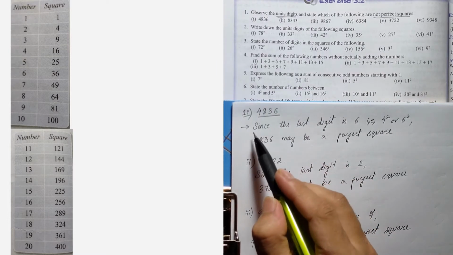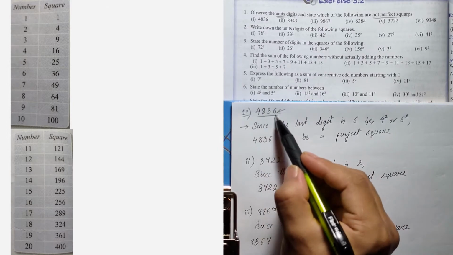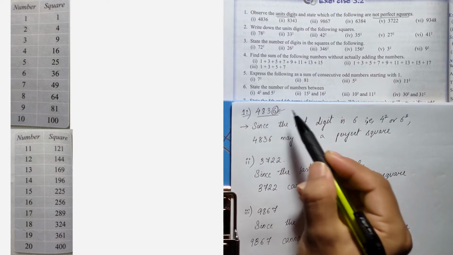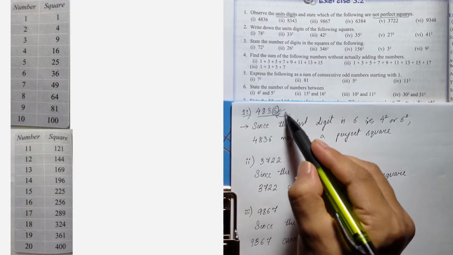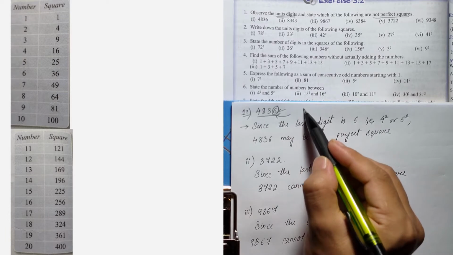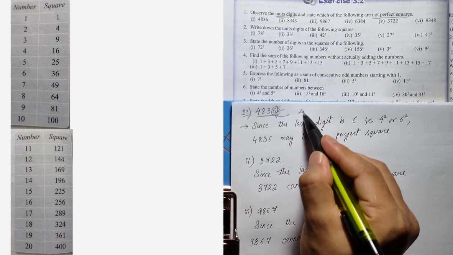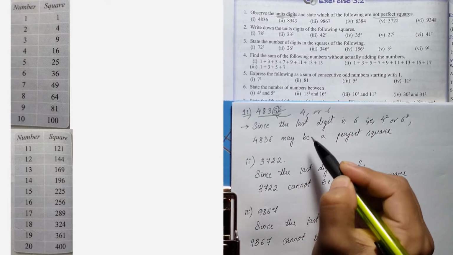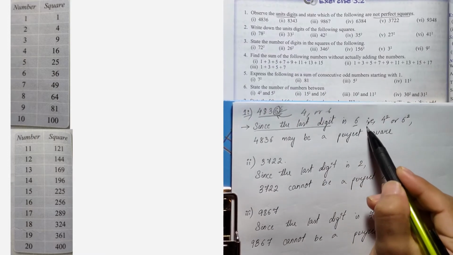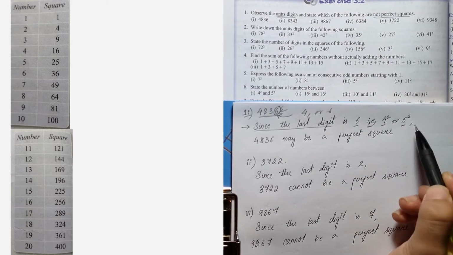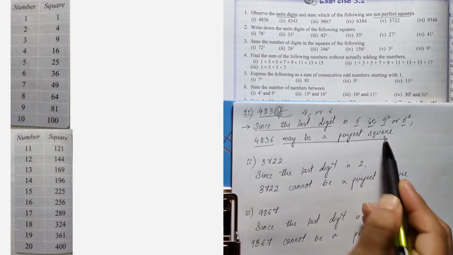4836. If you remember from my first video, 4836 means the last digit is 6. So in order to get 6 as our last digit, its square root, or the number that is to be squared in order to get this, must end with 4 or 6. So we'll write, since the last digit is 6, that is 4 square or 6 square, 4836 may be a perfect square.